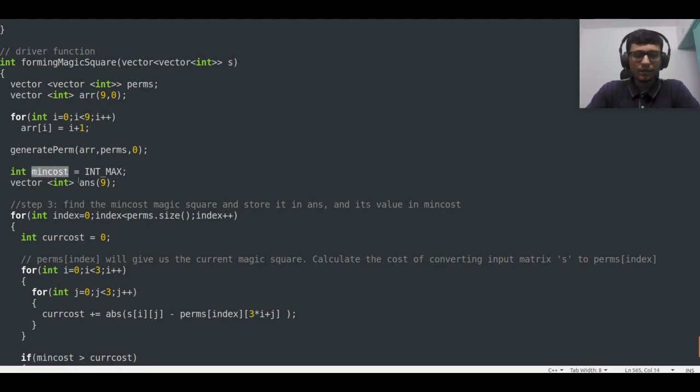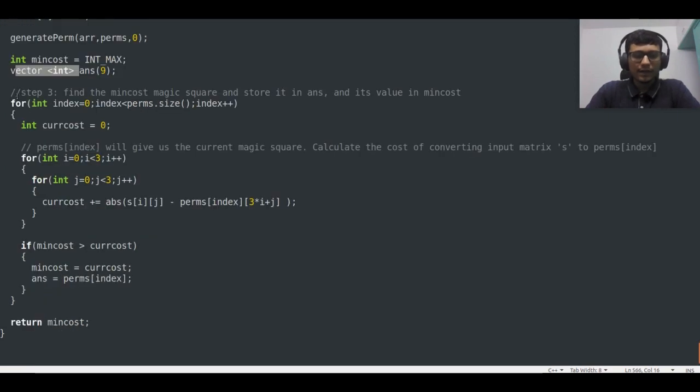The magic square corresponding to the minimal cost is stored inside this ans, which is answer, a vector of integers, and essentially it's a flattened 3x3 matrix corresponding to the magic square with minimal cost.